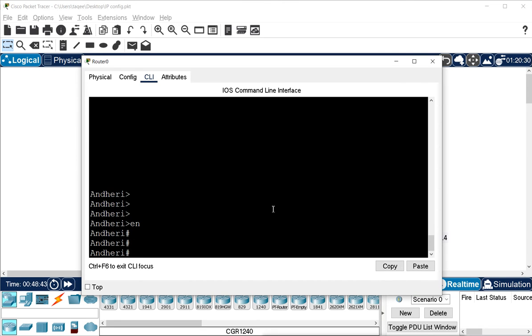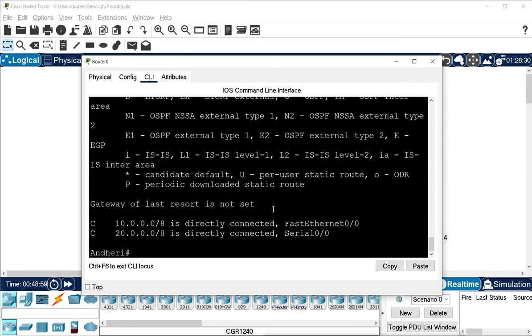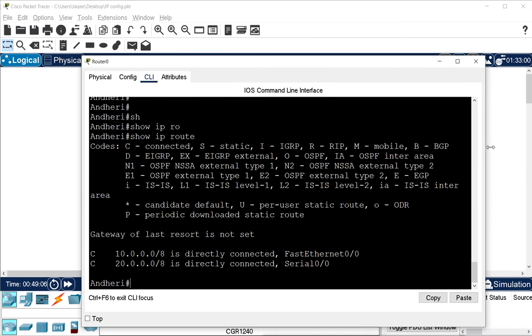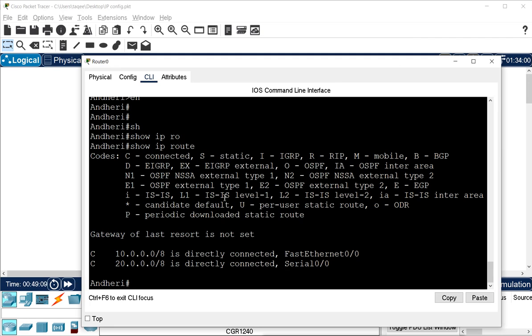Every router has a routing table. By default, the routing table has only the entries for the connected networks. If you want to see the routing table, we give the command show ip route, and it shows the current routing table of the router. It shows two networks.